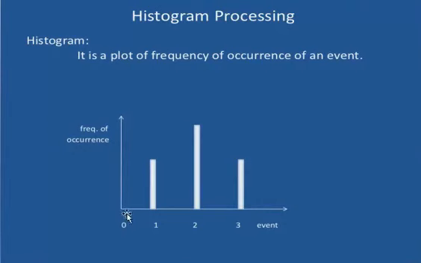So if many events are there, we should calculate how many times each event occurred, and then draw that, or give the pictorial information to the users. That is the intention. So histogram is a graphical representation which gives the information of the frequency of occurrence of an event.